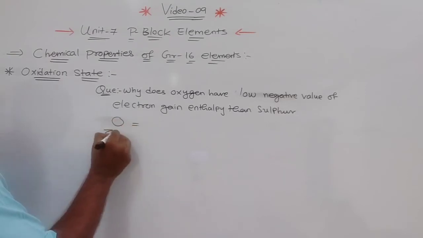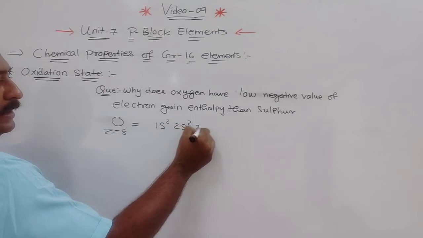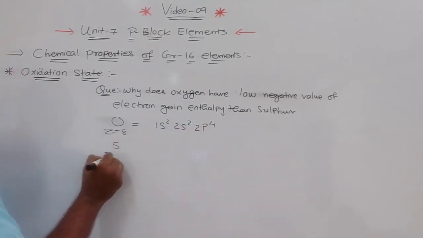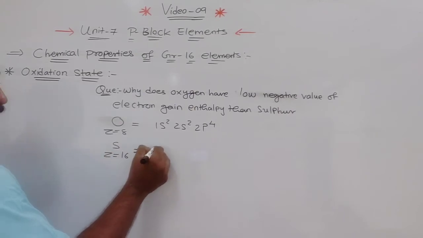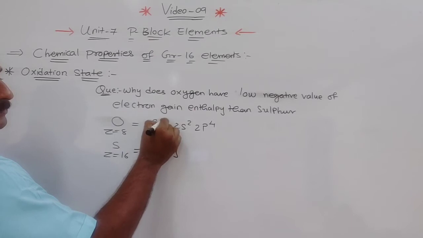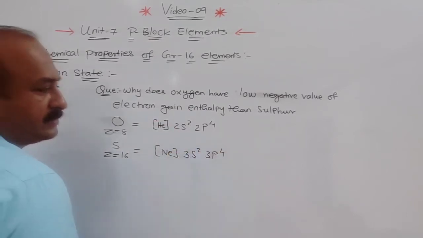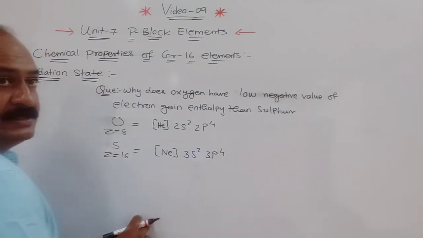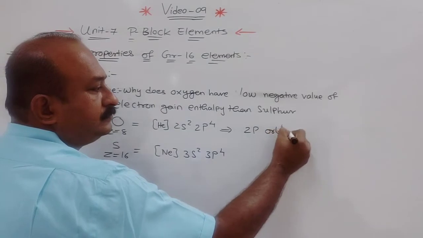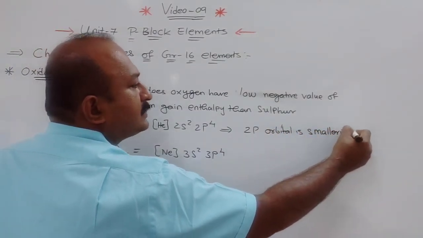Oxygen, when we write the electronic configuration, is 1s2, 2s2 and 2p4. Understood? And sulfur is neon, I will write helium here, 3s2 and 3p4. In this case the 2p orbital is smaller in size.